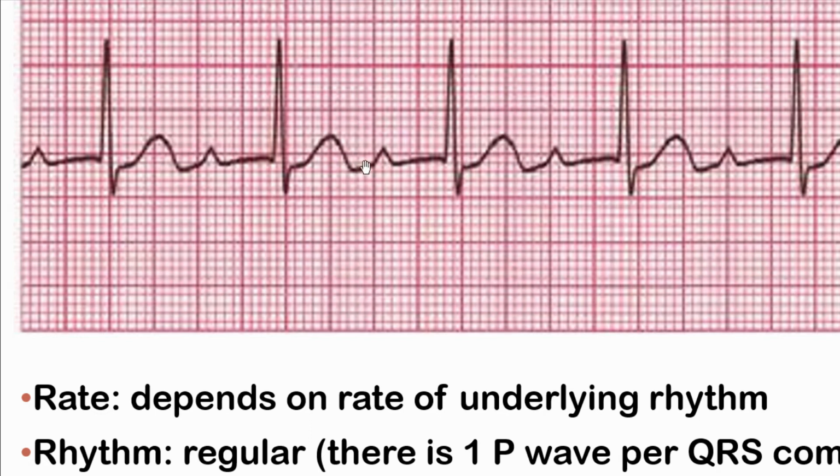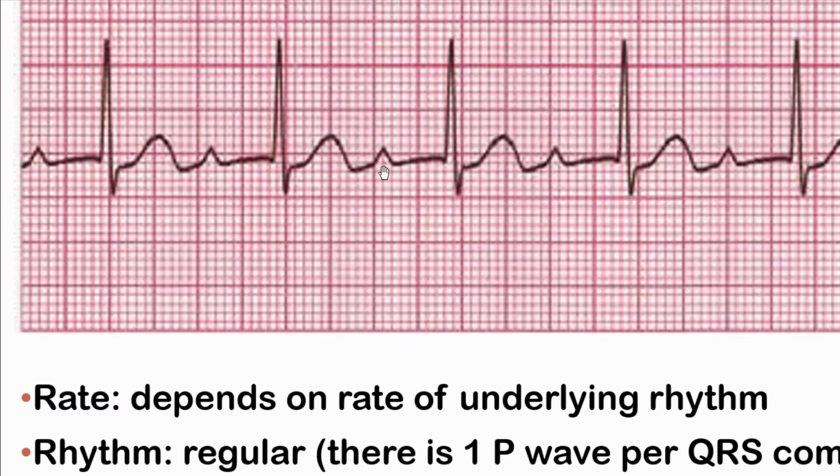Now, I want us to focus on the PR interval. Remember that the PR interval starts from the beginning of the P wave to the beginning of the R wave, or the Q wave rather. If you look at this diagram here and count the small squares, there's 1, 2, 3, 4, 5, 6, 7, about 7 squares.